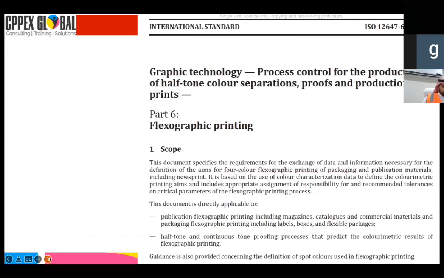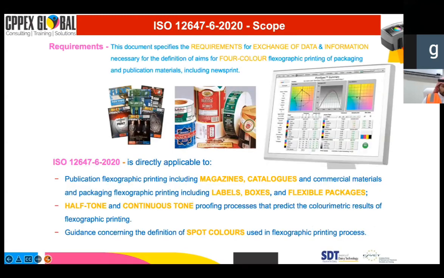And at the moment, for part 6, we are only talking about 4-color flexographic printing of packaging, but we would really like to expand that to 7-color. So as I said earlier, there's halftone images, and then there are solids. Part 6 talks about 4-color flexographic printing.